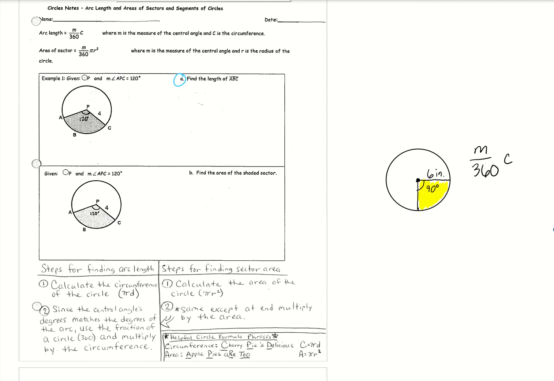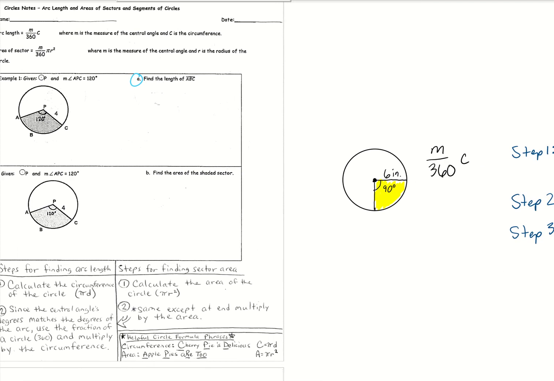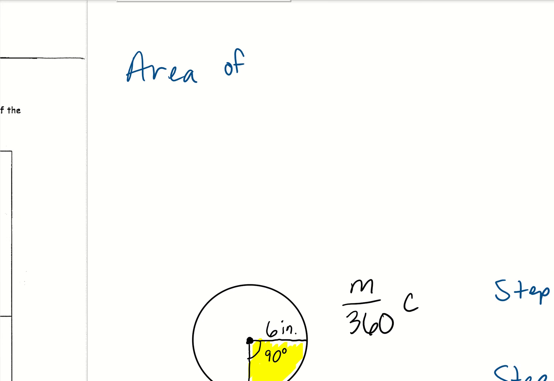Alright, so today we are looking, like I said, at area of sectors. The formula for the area of a sector, again, is written over here. I'm going to rewrite it again, just like I did yesterday. The area of a sector is going to equal the same thing we had yesterday: m over 360.